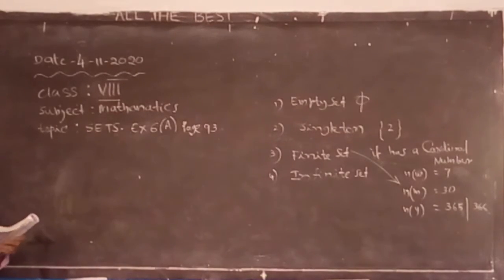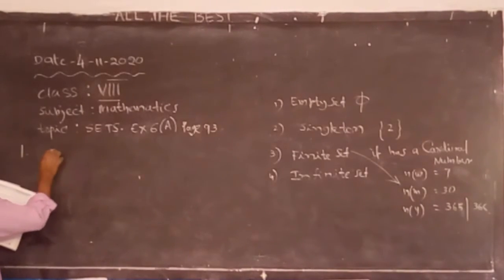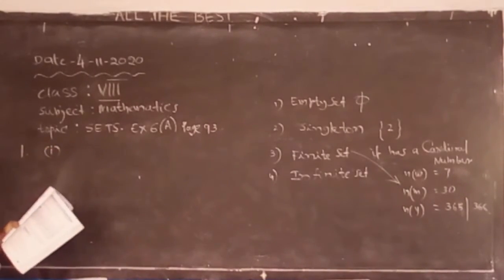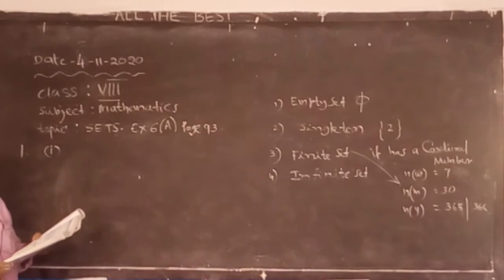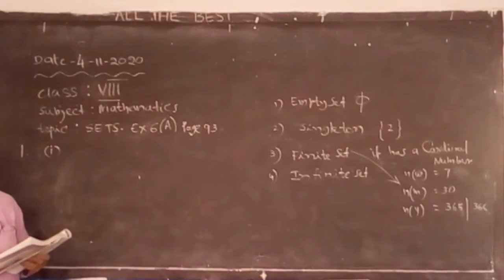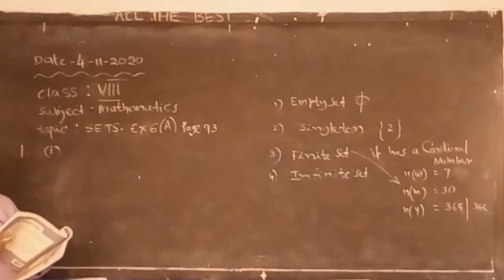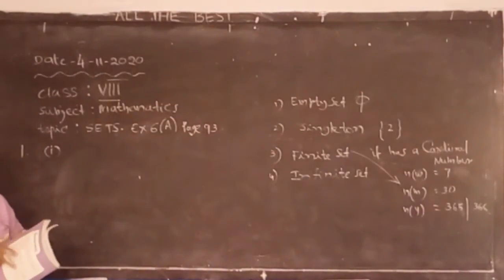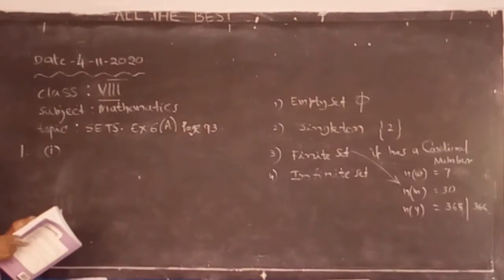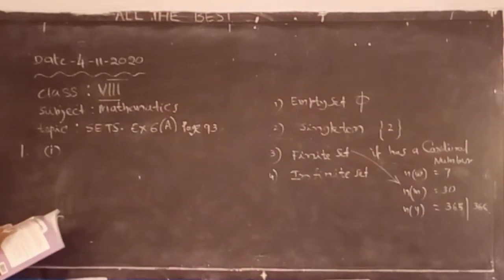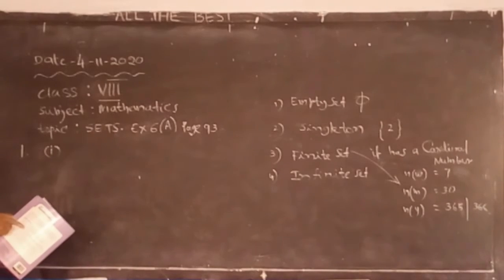State which of the following sets are finite and which are infinite. Number 1, I will read the question and answer. The men who have orbited the earth. We know the men who orbited our earth.